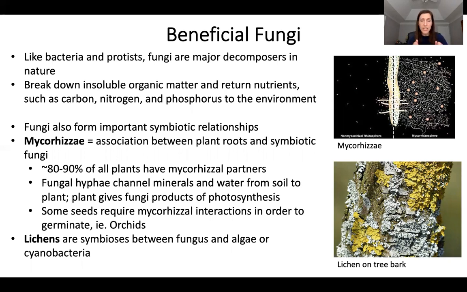Mycorrhizae is a critically important symbiotic relationship between plants and fungi. So the way that mycorrhizae work, first of all, let's look at the word. So myco, remember, means fungus. Rhizae, the R-H-I-Z part, rhizae or rhizo, is going to refer to roots, plant roots.